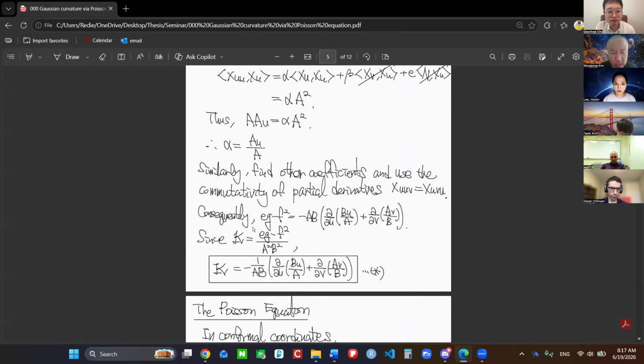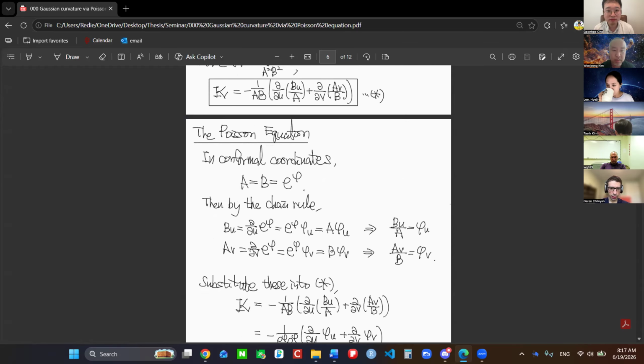I'm sorry. What does X mean in the notation X, U, X, XV? Can you scroll up higher? Oh, I'm sorry. One moment, please. Just. I'm sorry.